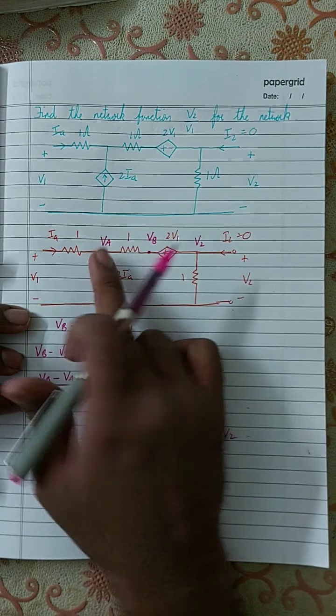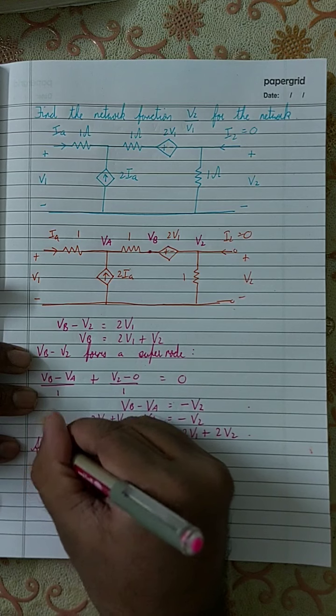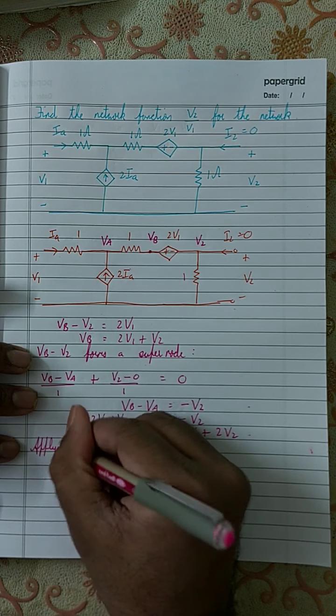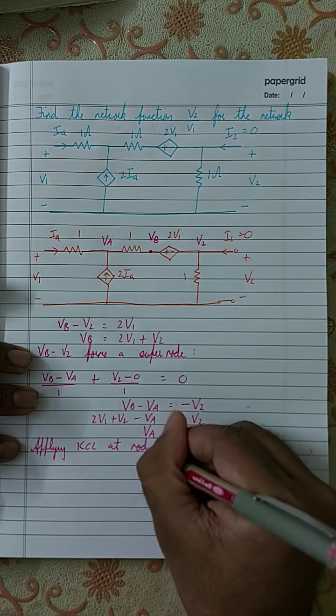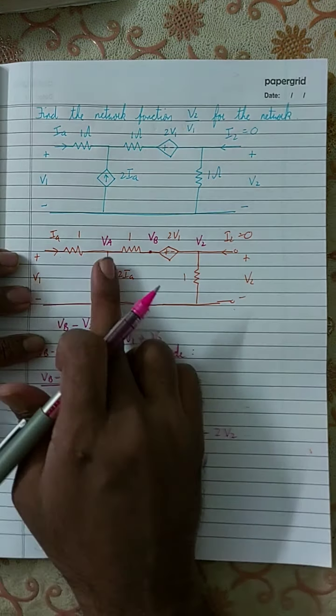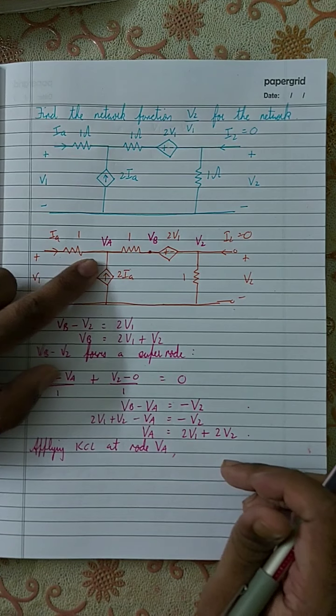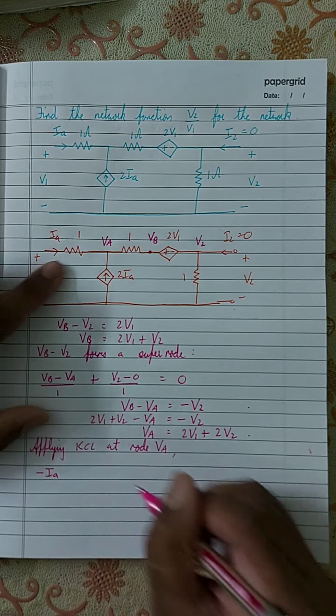Now I need to write only the equation for VA. So on the node VA, applying KCL at node VA, what will I get? I will get here the equation. The current in this branch is called minus IA. It is minus IA because the current is incoming.